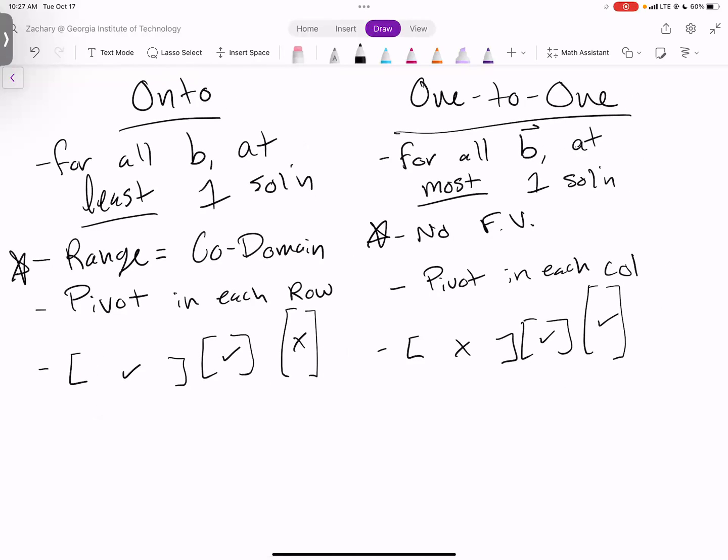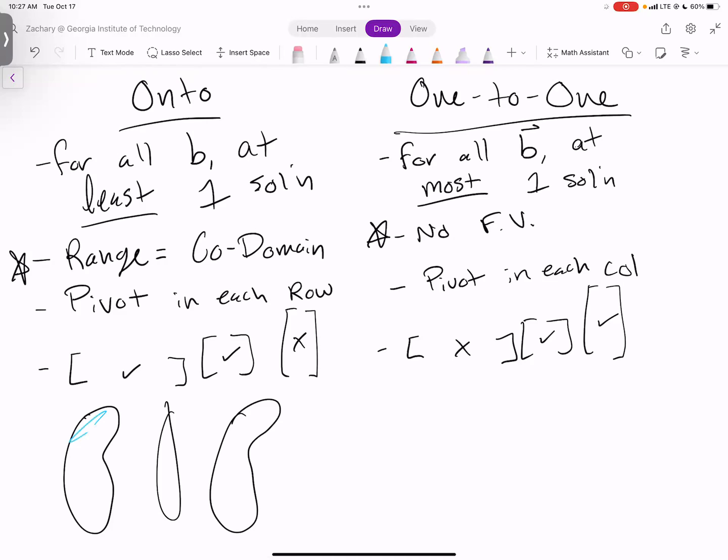So now, what do these actually mean? If I'm drawing my blobs like I did before, for onto, as I go from this space and reflect in here, I'm going to be able to touch every single b in my codomain. So my range is going to be my whole codomain. I can reach everywhere; there's no b I'm inconsistent for.